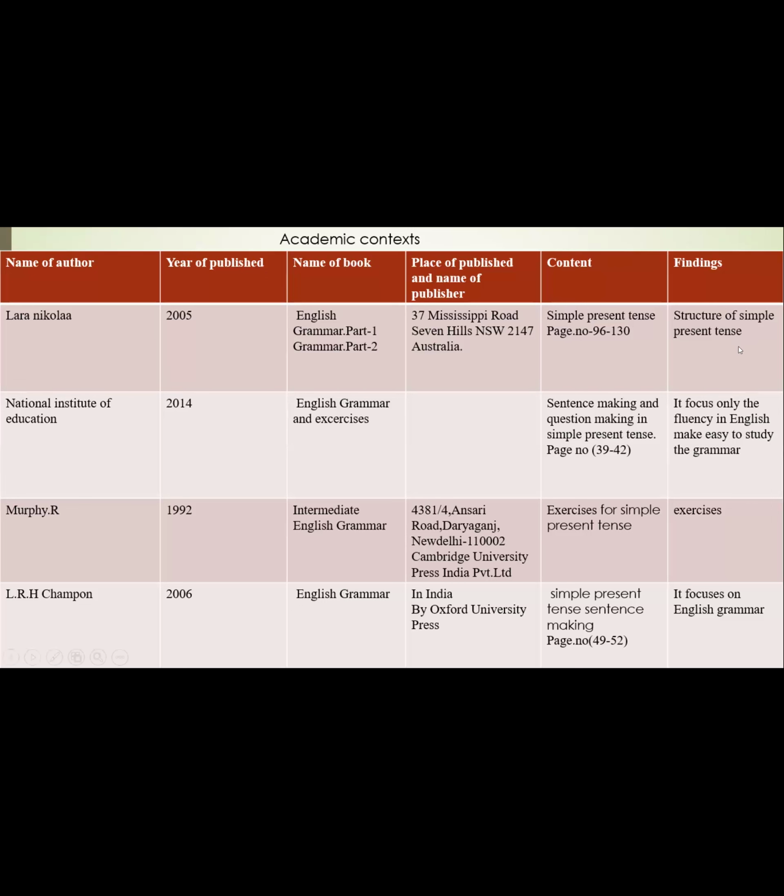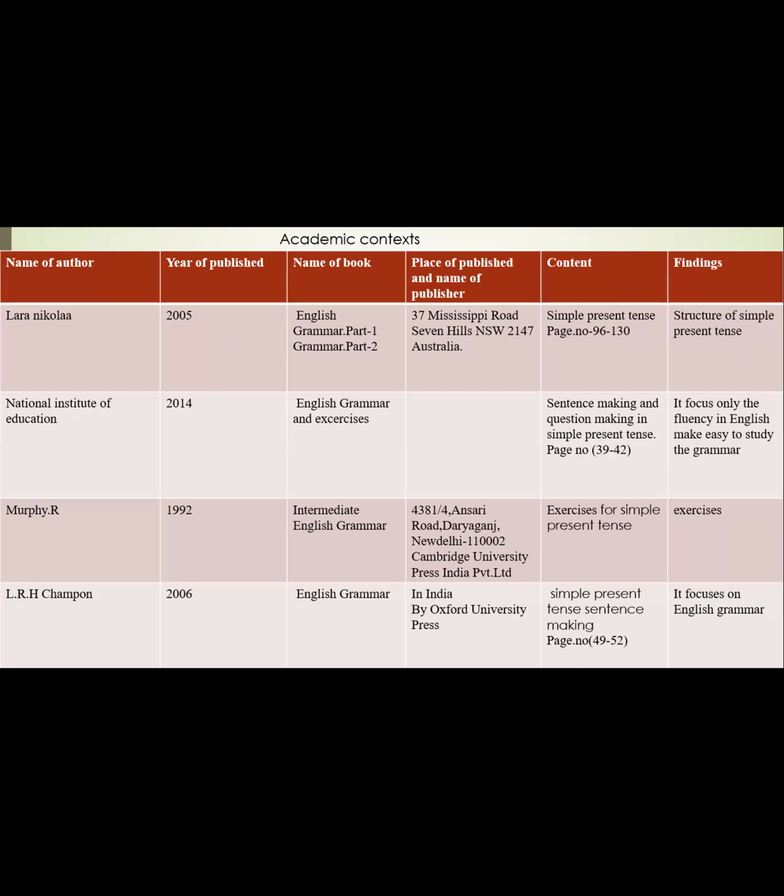Structure of simple present tense. And the author National Institute of Education, year published 2014, English Grammar and Exercises. In this book, sentence making and question making in simple present tense, page numbers 39 to 42. It focuses on fluency in English and makes it easy to study grammar.